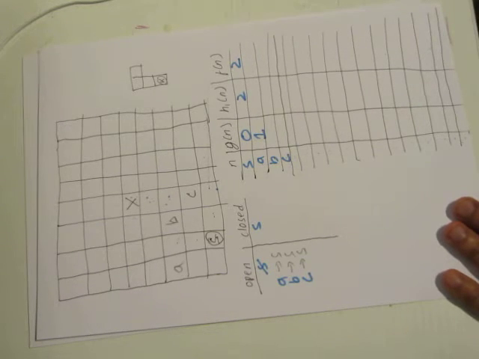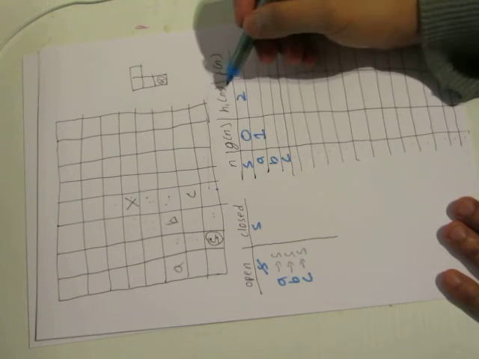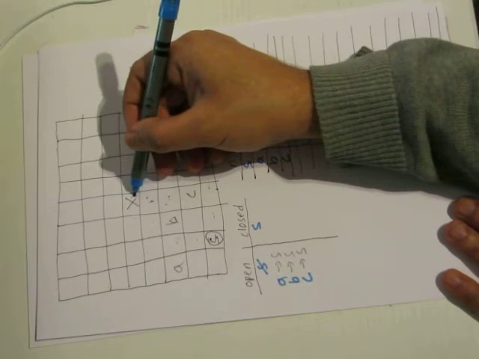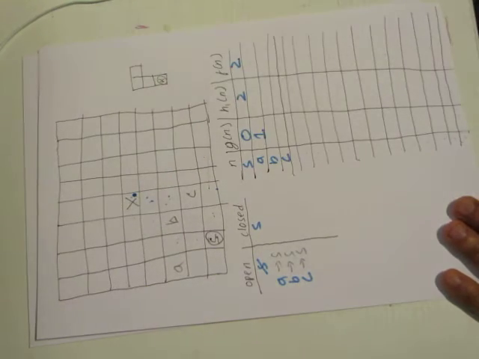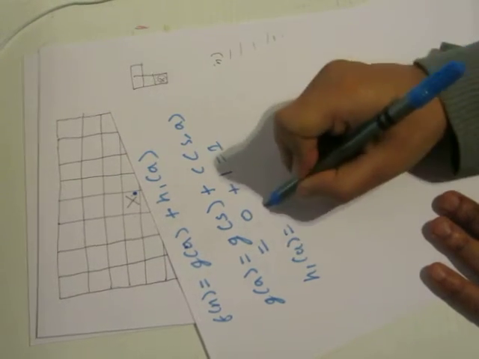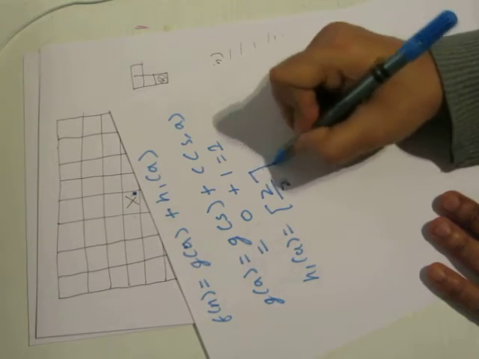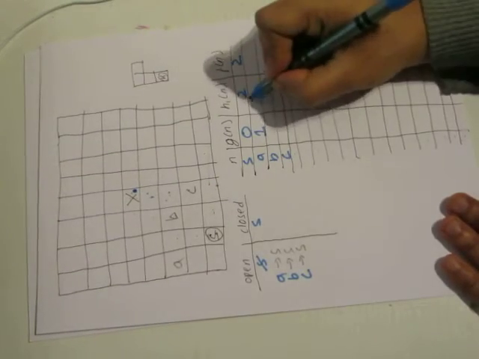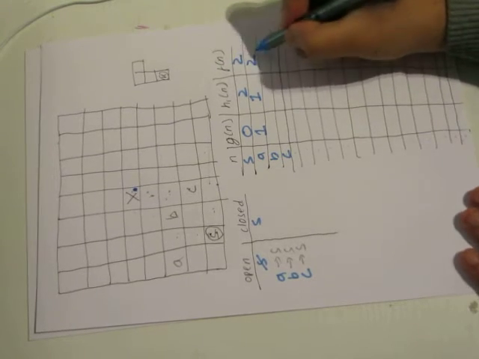And what would be the h1 of a? a is 2 distance away, and 2 divided by 2 is 1. So we write 1 here, and f is 2.